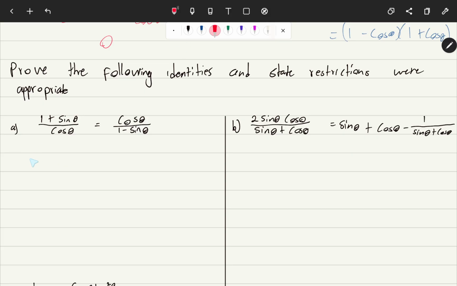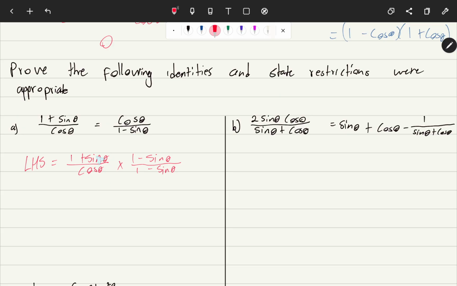Say the left hand side is equal to (1 plus sin theta) over cos theta. I multiply by, because I'm seeing here I could get a difference of two squares, 1 minus sin theta. No, not sin²θ, just 1 minus sin theta. Exactly.